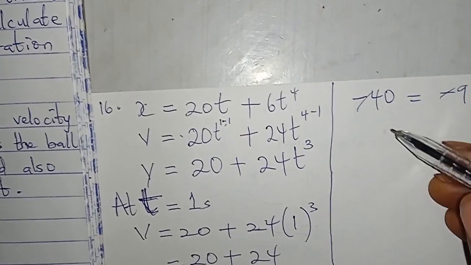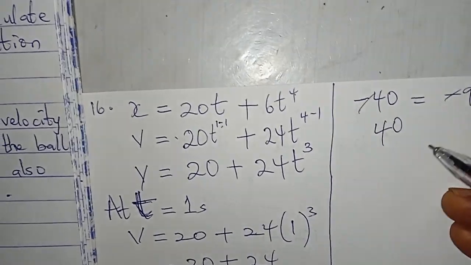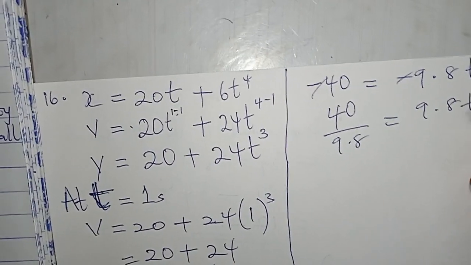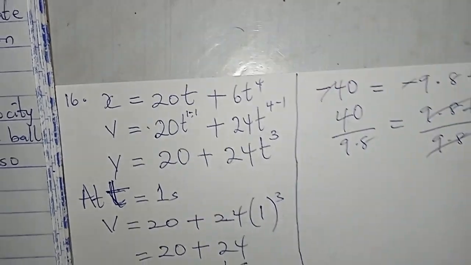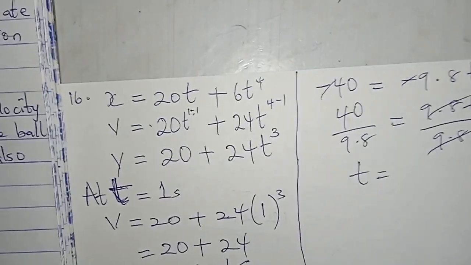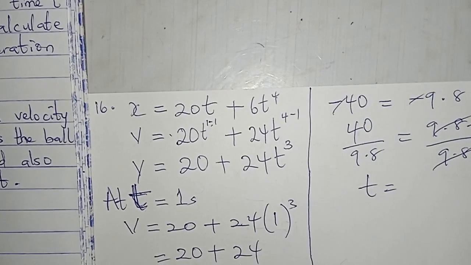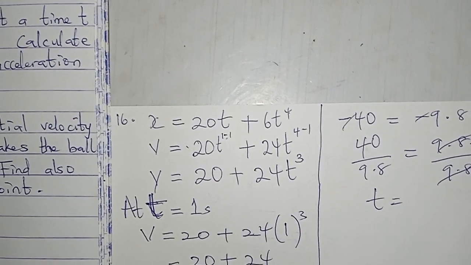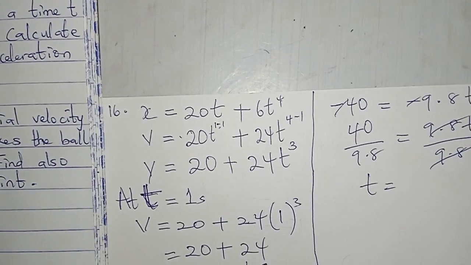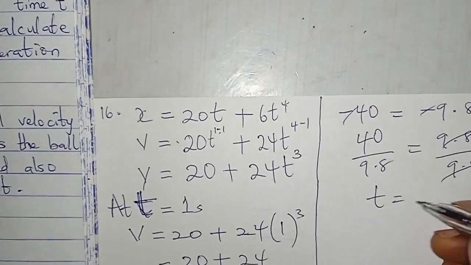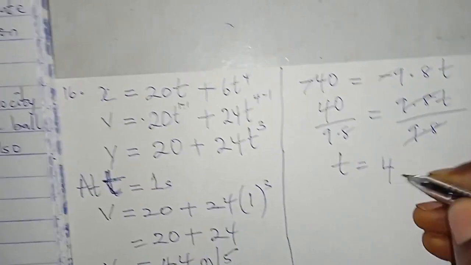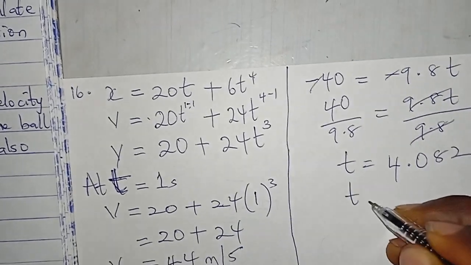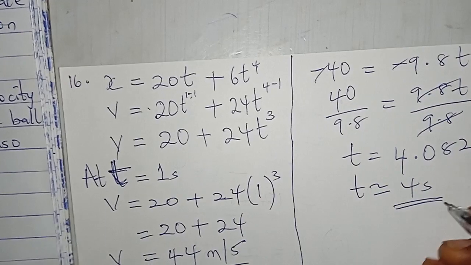Then you divide both sides by the coefficient of t, which is 9.8. So t equals 40 divided by 9.8, which gives 4.082, which is approximately 4 seconds.